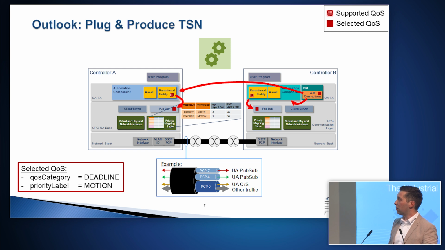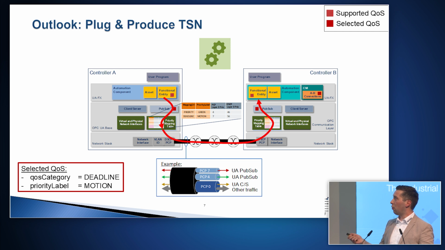The network is configured to do exactly that for specifically the PCP value 7. And so now our end devices can automatically send the data with PCP 7. And with that, for different types of pub/sub traffic, different types of UAFX traffic, we can differentiate them in the network and use the same network for different types of traffic and use the network efficiently.